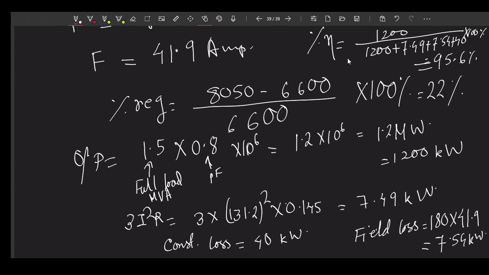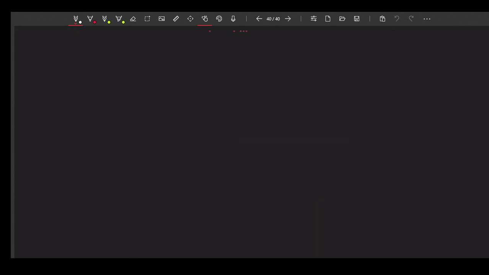So this is interesting. Now we'll check the result using the ASA method. The ASA method is also applicable to the salient pole synchronous machine. So, as I have said, the ASA method can be applied for finding regulation for both cylindrical and salient pole machines.